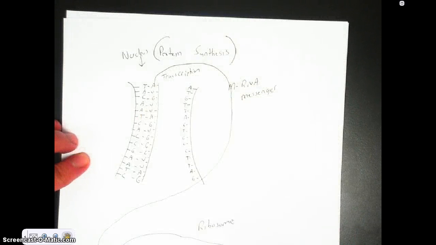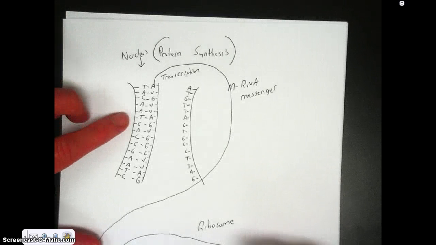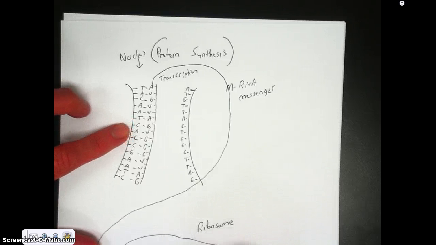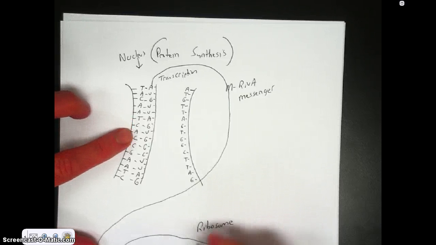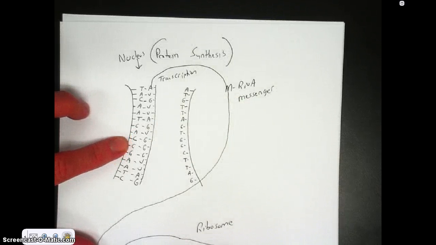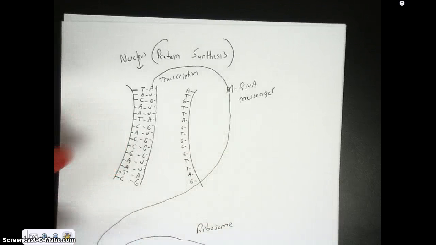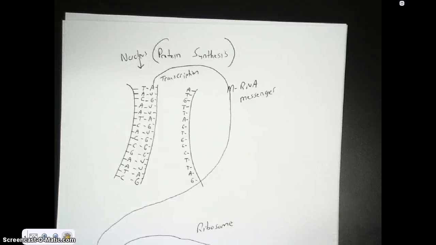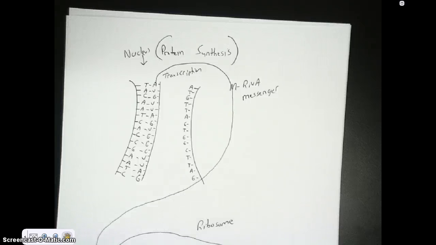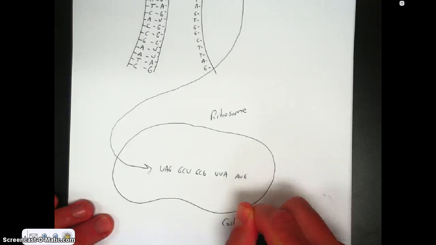So what I get is AUG, UUA, GUG, GCU, UAG. If you'll notice, I put these in sections of 3, and I did that for a very special reason. These sets of 3 bases we call codons.